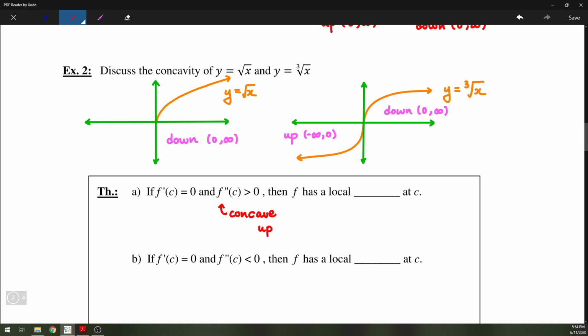And if it concaves up, then at c we have a local minimum. Likewise, if f prime of c is equal to 0, making it a critical number, and f double prime of c is less than 0, then the graph concaves down, and that will be a local maximum at c.